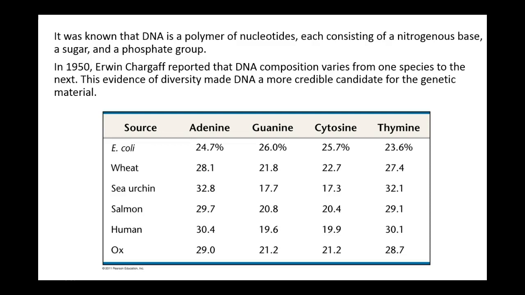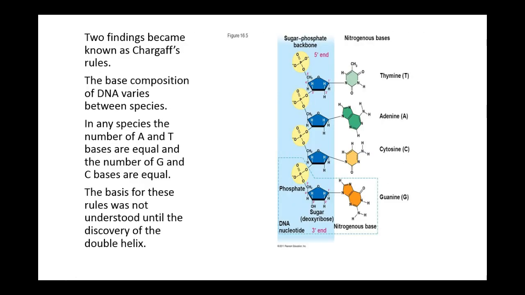But what this gentleman did, Chargaff, I'm not sure how to pronounce his name, he came up with these rules. His rules are that the composition of DNA varies between species, so not all of us have the same genetic makeup, which we know now. At this time, this was earth-shattering.